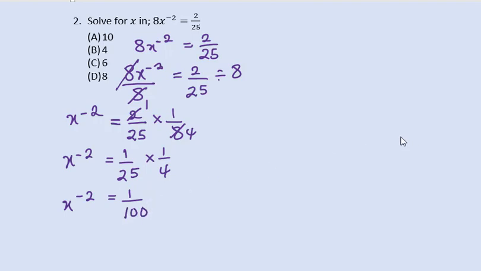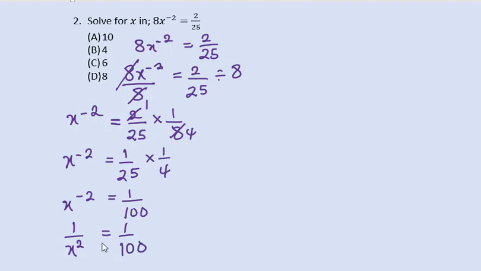Now, from this very point, you can actually apply the negative index law. If you've checked out my video on index rules, the negative index law simply means 1/x^2. That's what it simply means. So here it remains 1/100.